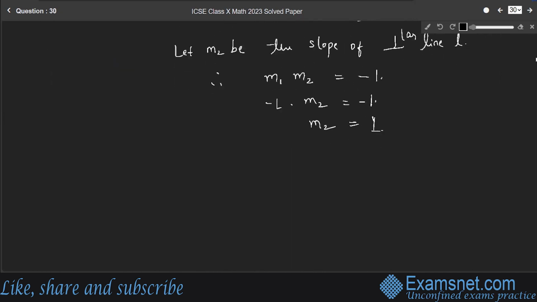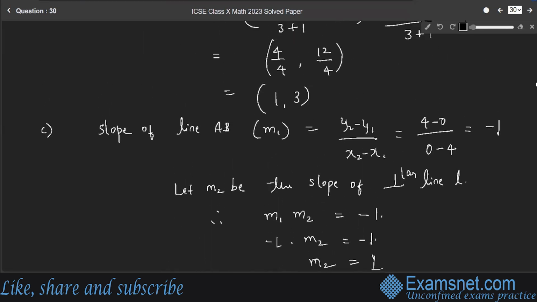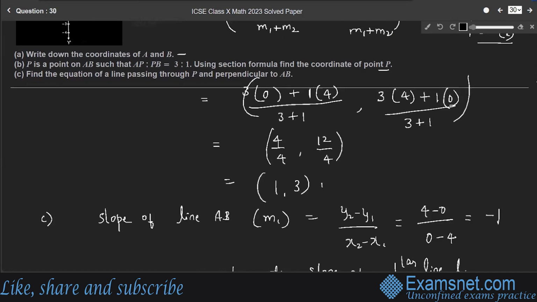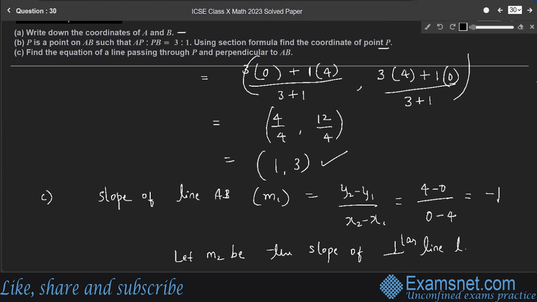Therefore, the equation of line L, which is the perpendicular line: the equation says y minus y1 is equal to the slope m2 into (x minus x1). What are x1 and y1 here? x1 and y1 are the coordinates of point P, through which the perpendicular line passes.